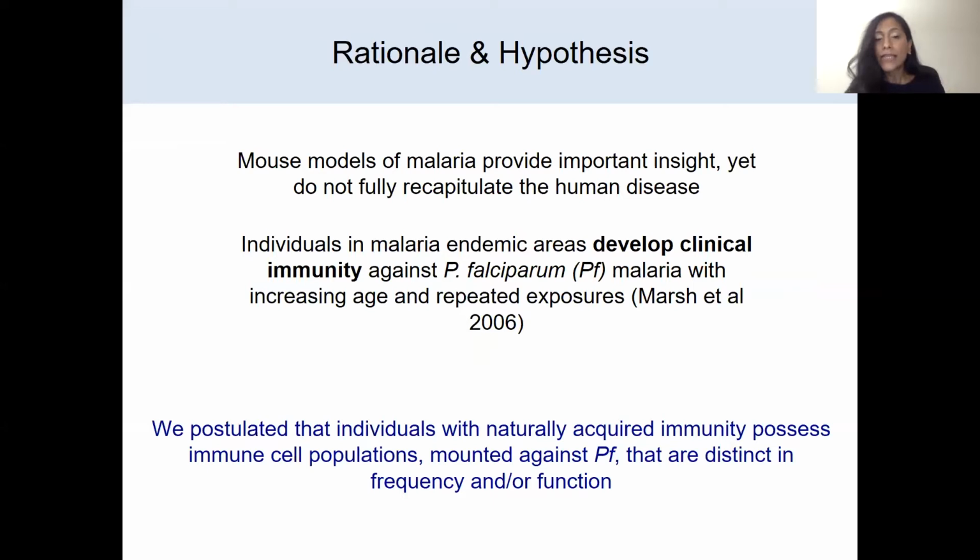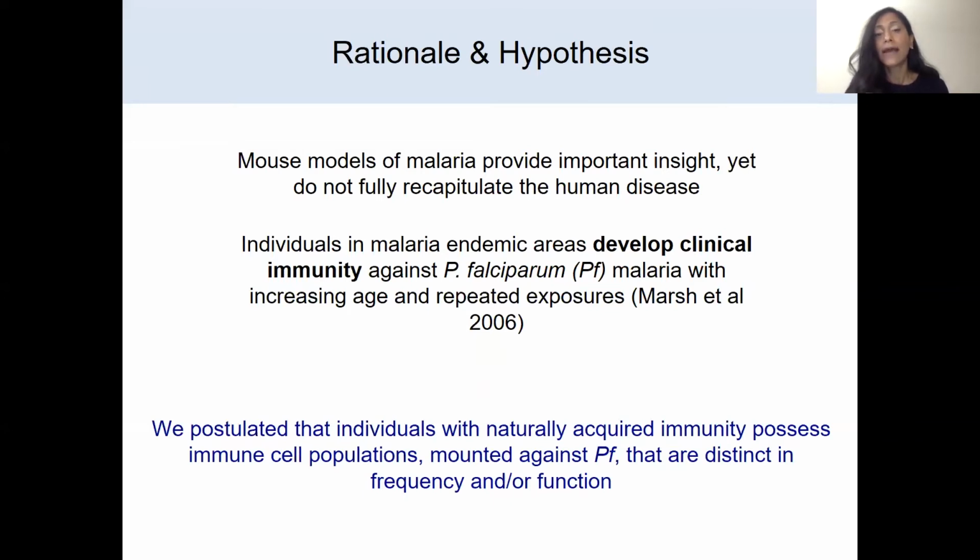And we postulated that perhaps these individuals with naturally acquired immunity possess some immune populations that are mounted against P. falciparum that are either distinct in their frequency or in their function compared to other individuals who might be having their first exposures to this parasite.